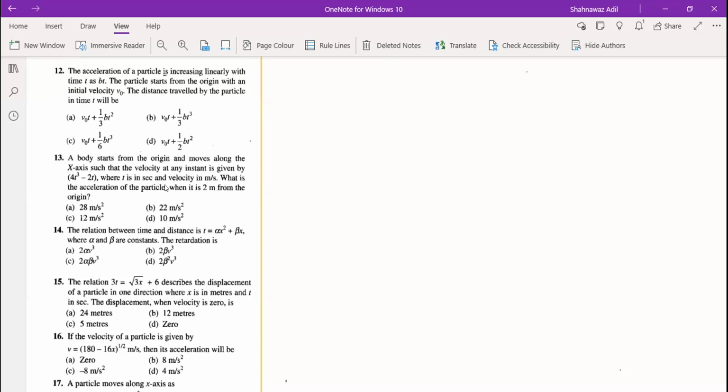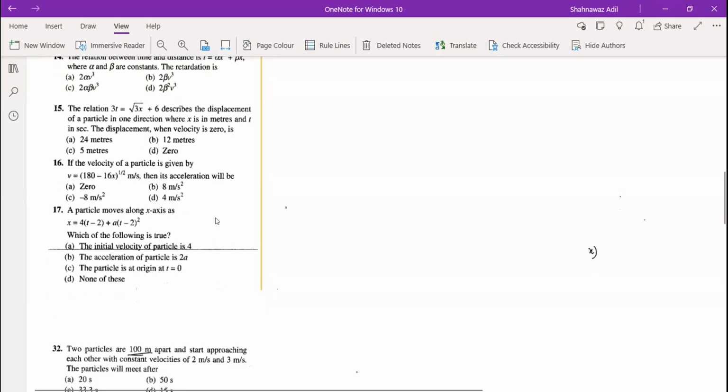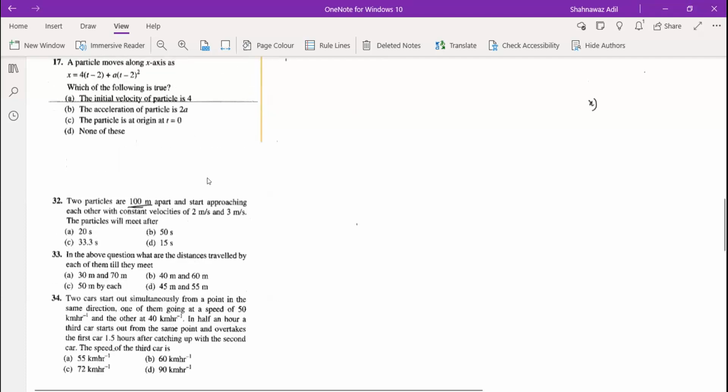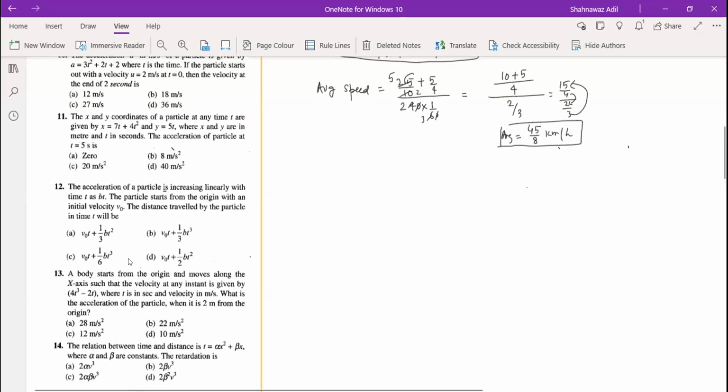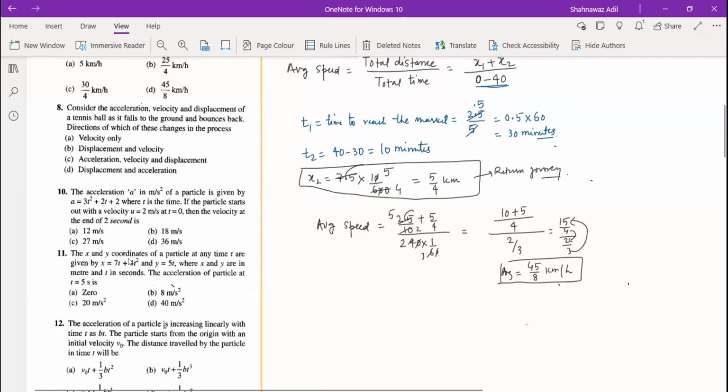The relation between time and distance is this. So we will do one parametric question, and this is a two-dimensional one. Okay, so let's do this 10th question.